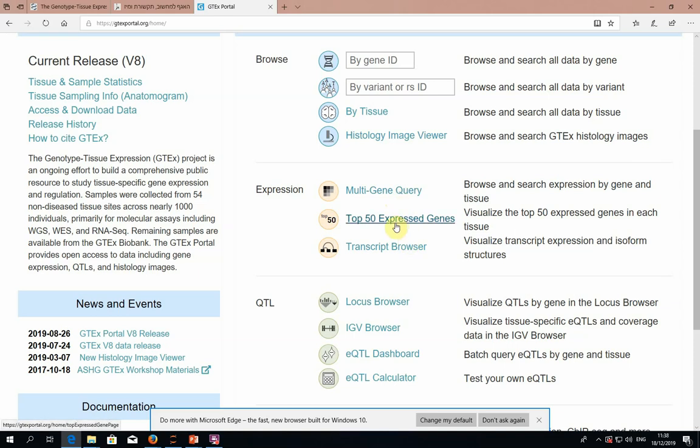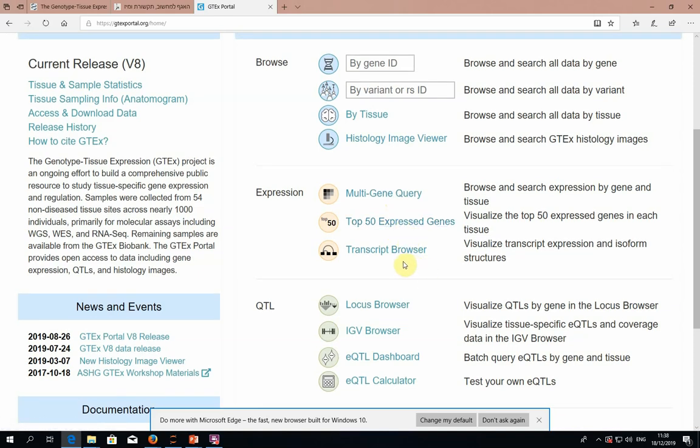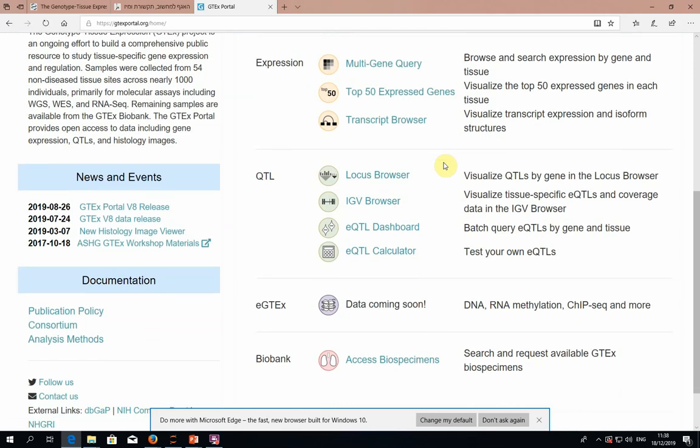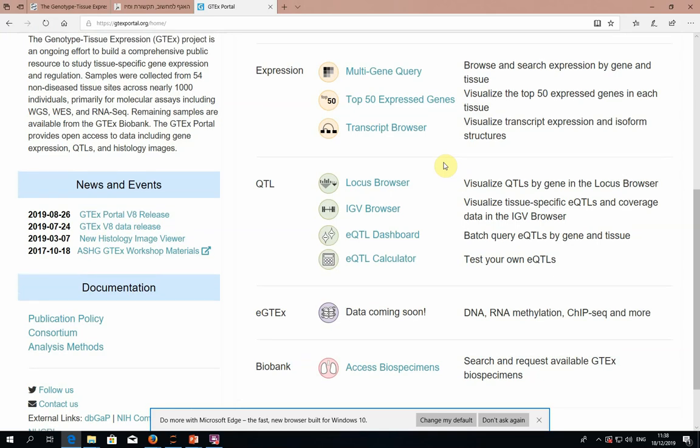You get the top 50 genes for each tissue. You can have a nice transcript browser that we'll go over. And they have a browser dedicated only to eQTL. So despite the fact that we told you many times, use UCSC whenever you want, I would definitely prefer to use this for expression, because it is cleaner, nicer, and more focused on expression. And as I said, they have a lot of things coming soon that are not there yet.